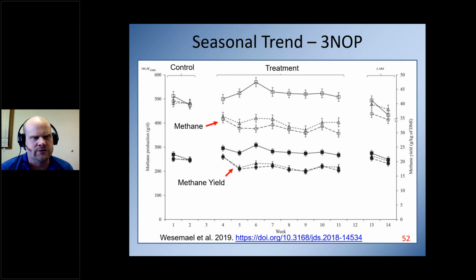And then the last period was when the animals were taken off 3-NOP. And here we have methane and methane yield. So taking averages of animal data over a period of a week or 2 weeks can be very effective at showing us trends over time of different treatments or animal groups.